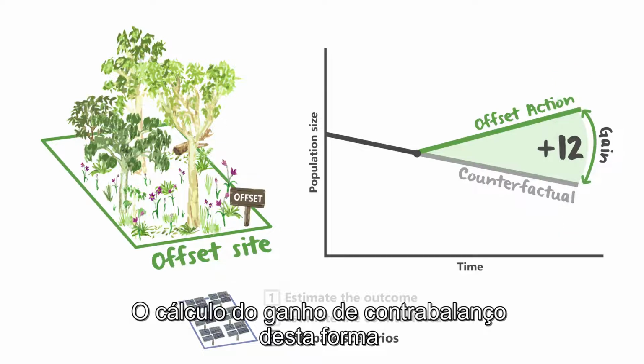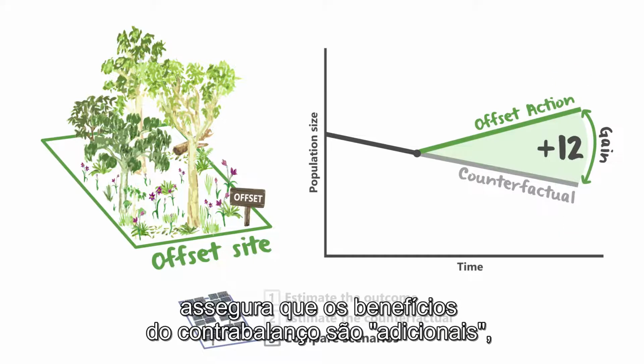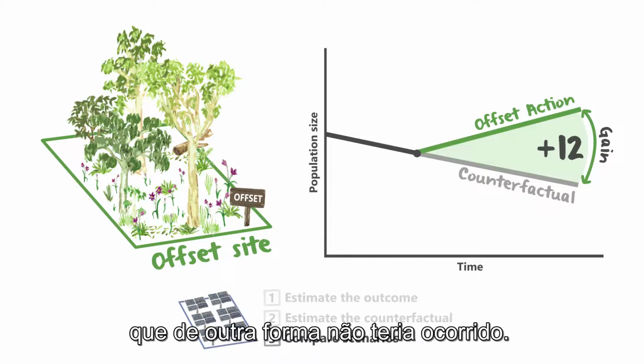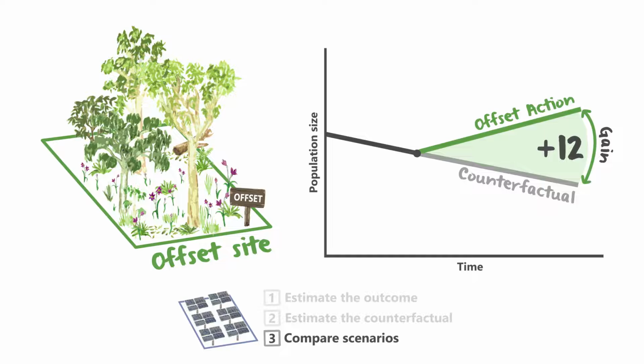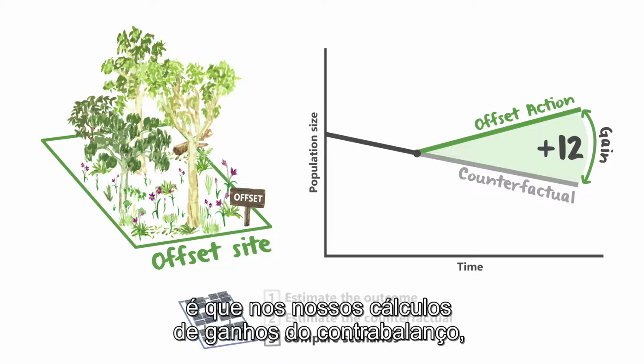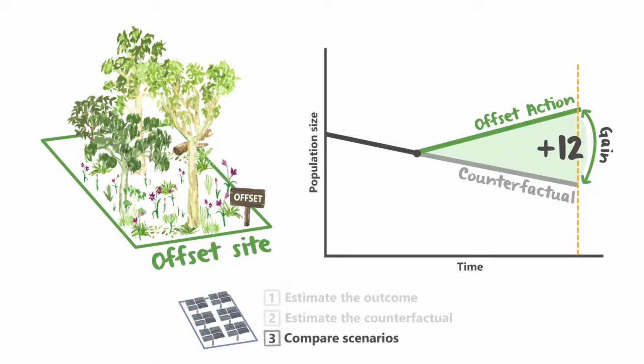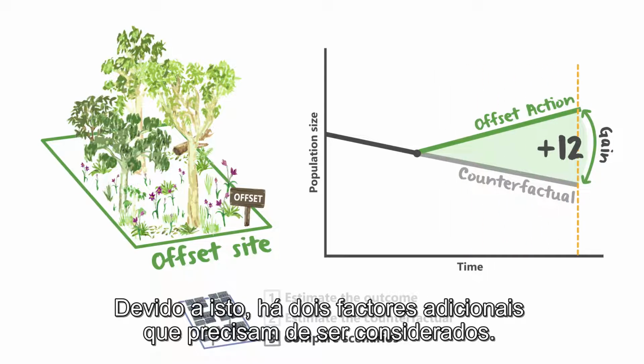Calculating the offset gain in this way helps ensure that the offset benefits we expect are additional, meaning the offset delivers a gain that would not otherwise have occurred. One important point to note is that in these offset gain calculations, we're making predictions about what might occur at some future point in time. Because of this, there are two additional factors that need to be considered.